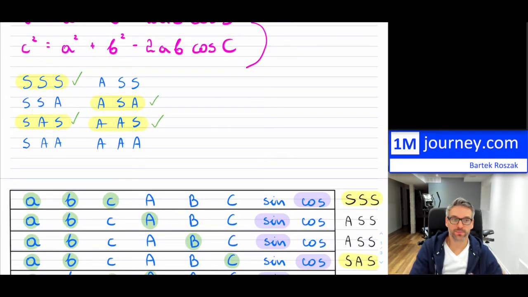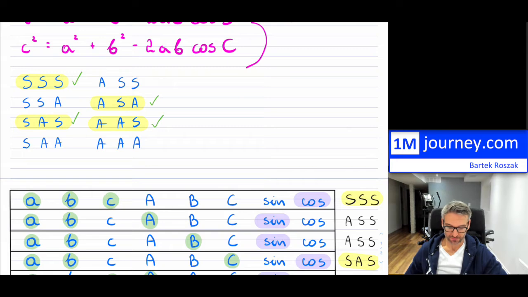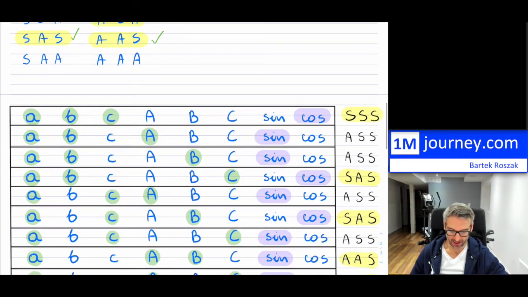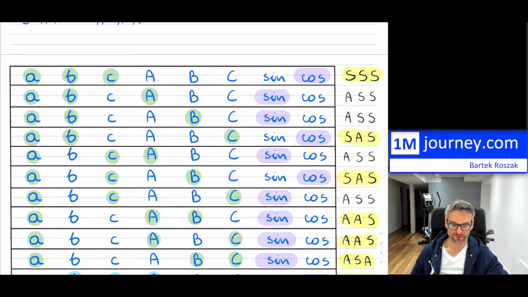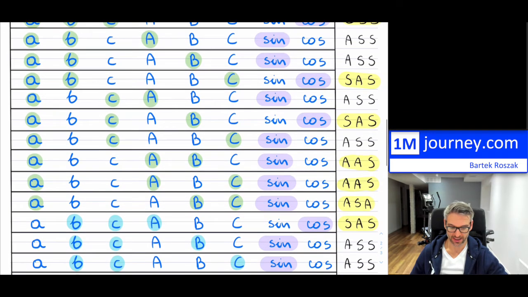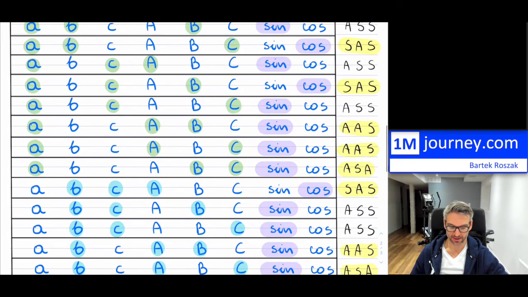All right, so what I did was, with the choices that they would give us, from the 3 pieces of information from the sides or the angles, I highlighted here on the right. Notice that the first one is side, side, side, that's in yellow. And then we have side, angle, side, and side, angle, side again, and then angle, angle, side, and side, angle, side, angle, and so on.